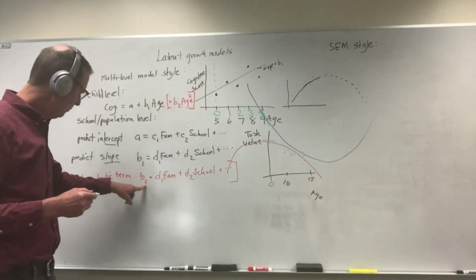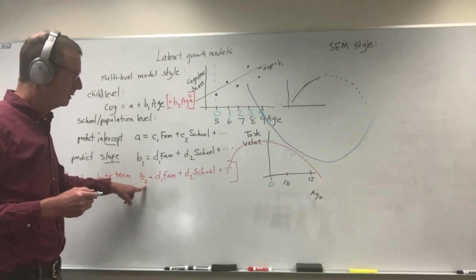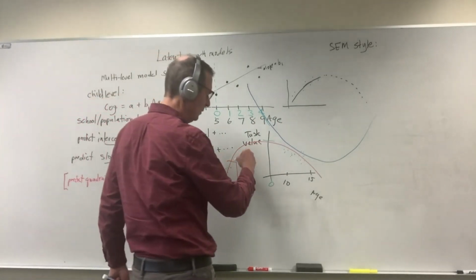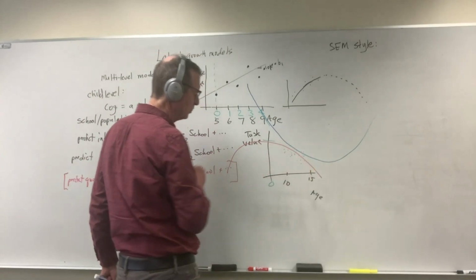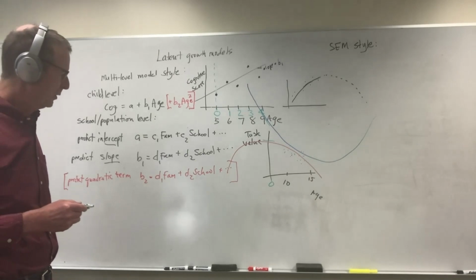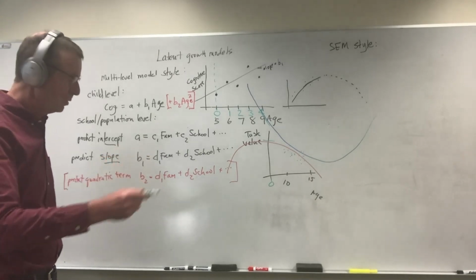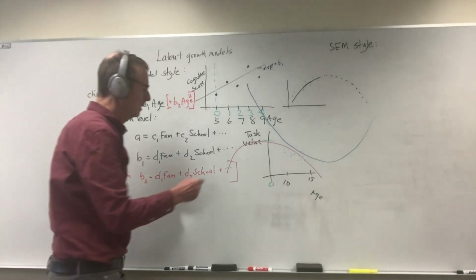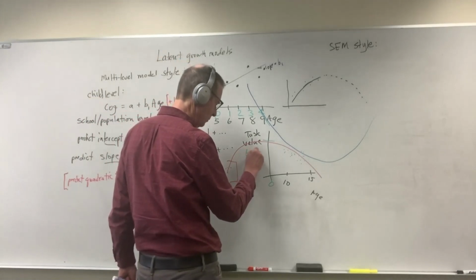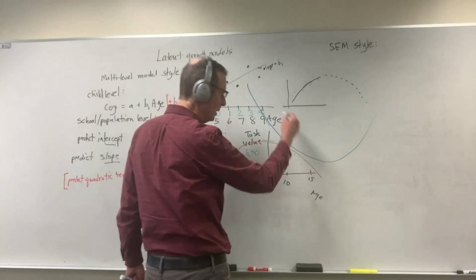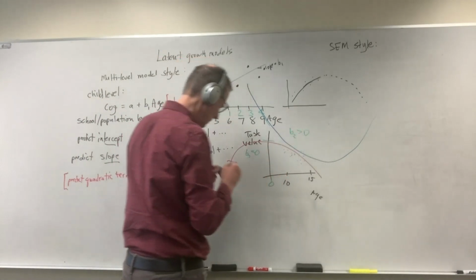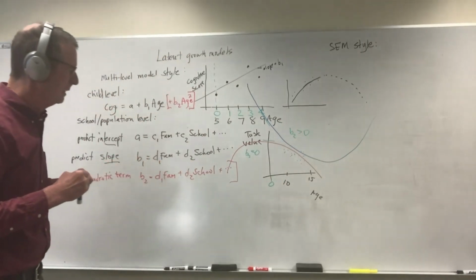But think of what happens when you're trying to predict a quadratic, right? So this is an inverted U. So as you know, the quadratic term, if it's an inverted U, is negative. So B2 is less than 0 for this group. And this is a U-shaped, so B2 is greater than 0 for this group.